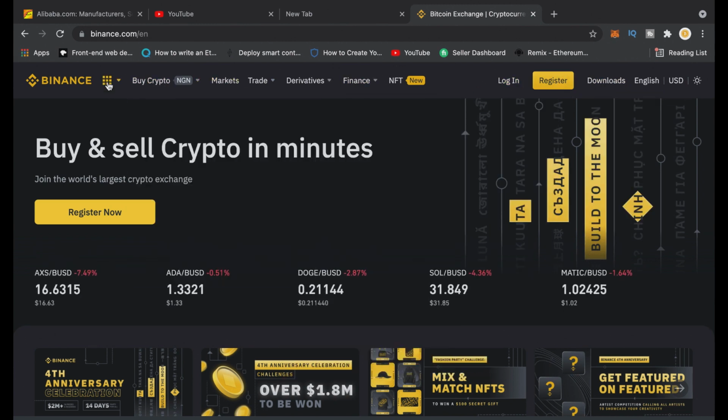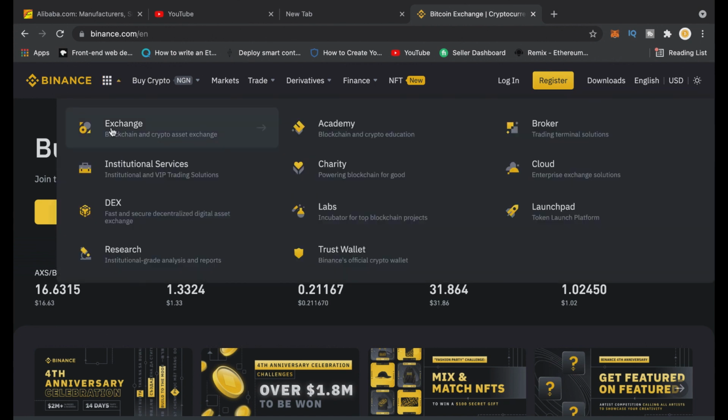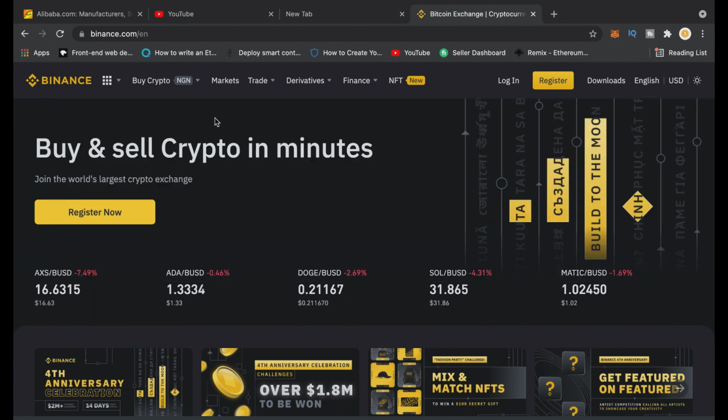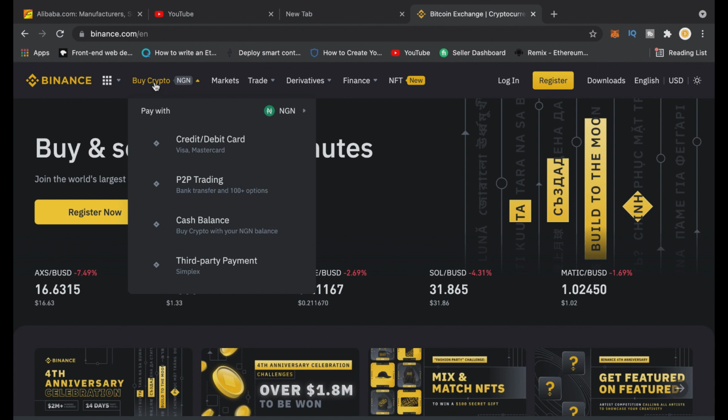So here now, this is like the menu side of the platform. If you click here, it just brings exchange. These are the same things that we saw at the bottom of this site. You understand? So buy crypto. Now you can buy crypto on this site with a credit or debit card, if you have one.